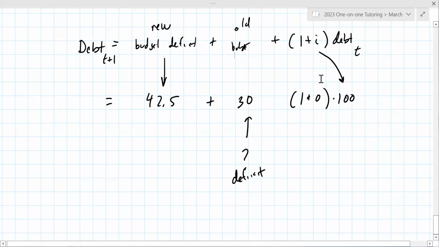Because here there's three. Are they adding? Is it 30 times 100? No, it's adding. It's the current budget deficit plus the old budget deficit plus the debt, unless they're wrapping the old budget deficit into the old debt.